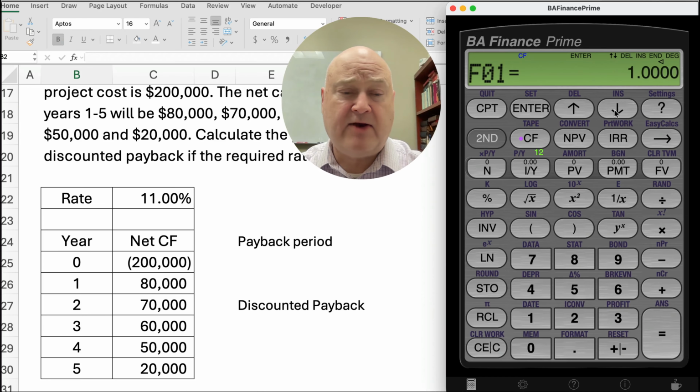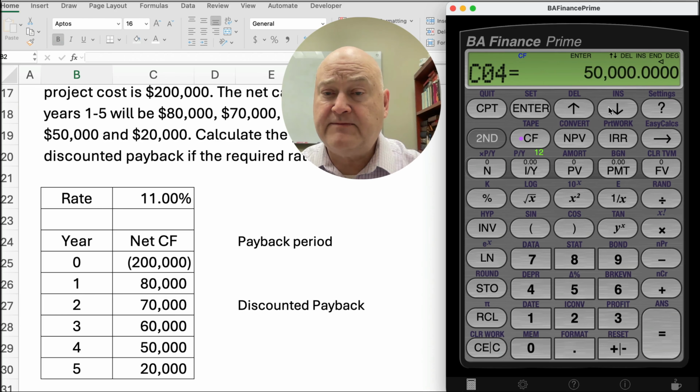Enter, and then down arrow. The frequency we just have it one time, so let's keep going. Cash flow period 2 is $70,000. Enter, and then down, skip the frequency. Cash flow 3 is $60,000. Enter. Cash flow 4 should be $50,000. Enter, and then down, frequency 1, and then $20,000 is our cash flow for year 5.